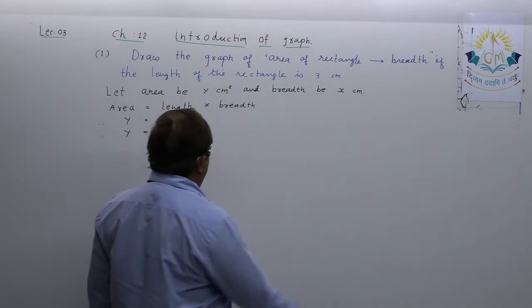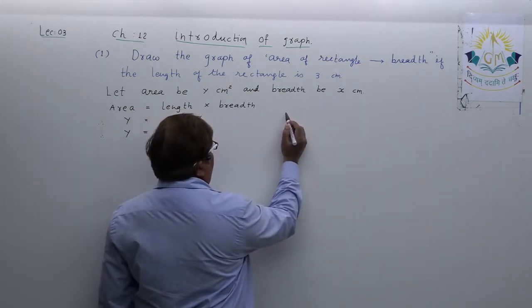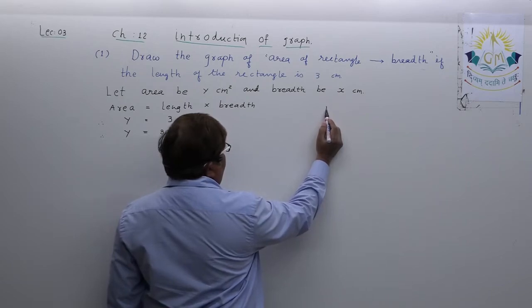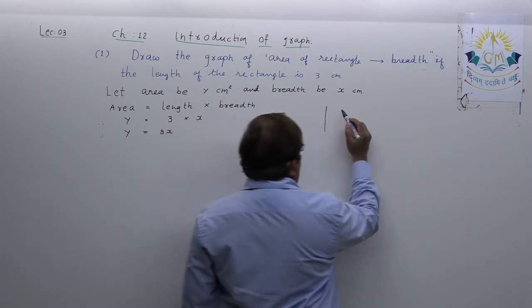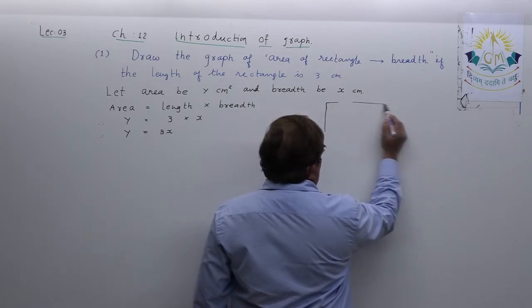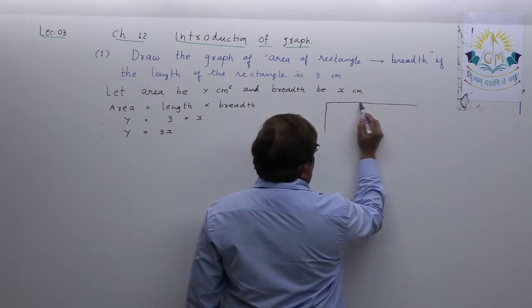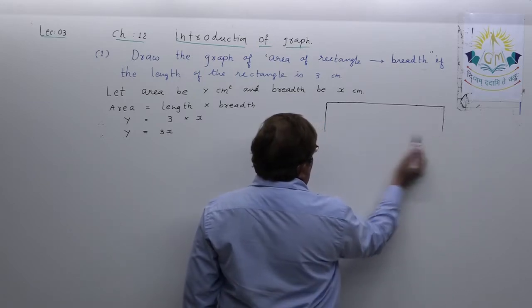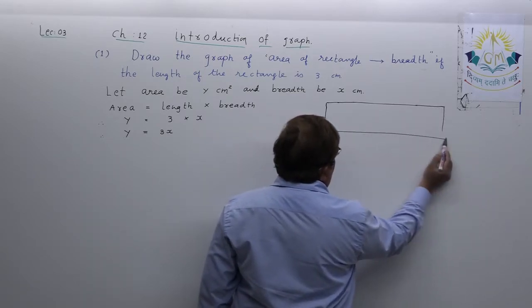Now, dear student, as you know, the observation table needs to include minimum 5 values of the two variables, that you all know very well.